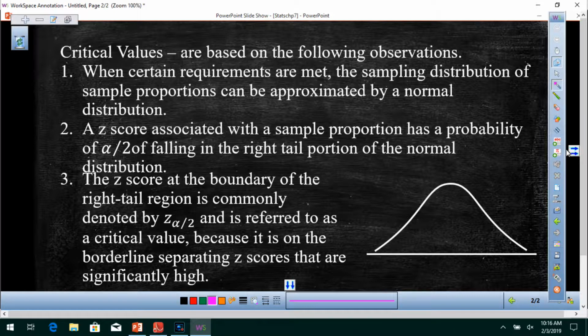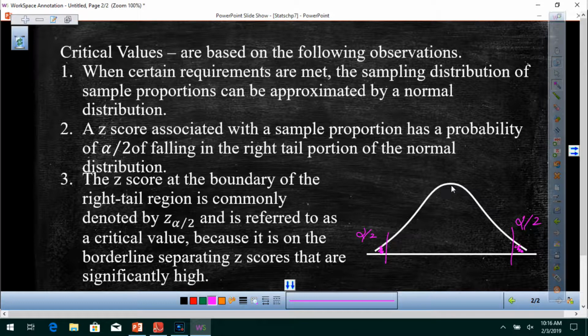So if it's right-tailed, it would be over here, and that would be alpha divided by 2, and that would be the critical region. Left-tailed, it would be over here, alpha divided by 2. And if it's two-tailed, it would be on both, okay?